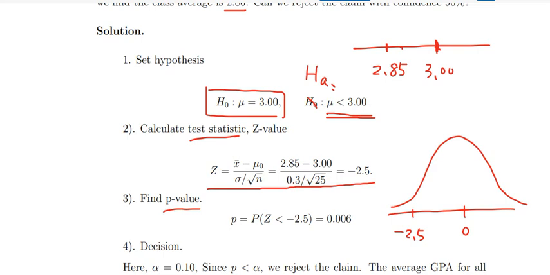Is their distance big or not so big? So we need to find this probability, the p-value. Okay, so we check the table. We find this p-value is 0.006.